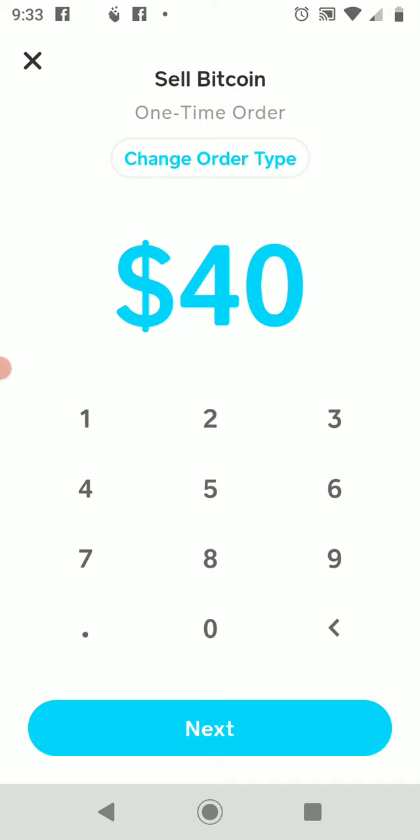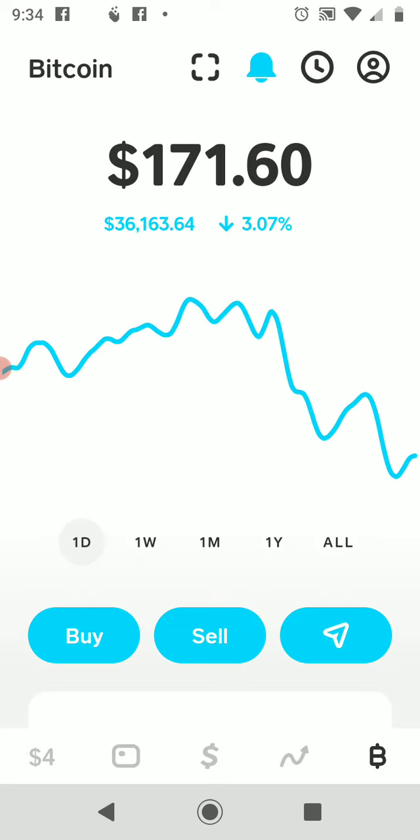I'm not going to go through that and do it completely because I'm not selling any of my Bitcoin right now. This is just for education. So let's back out of this. It would be that simple. You would transfer $40 onto your Cash App balance, and then from there you can reinvest that in a stock, or you can transfer it to your bank account.